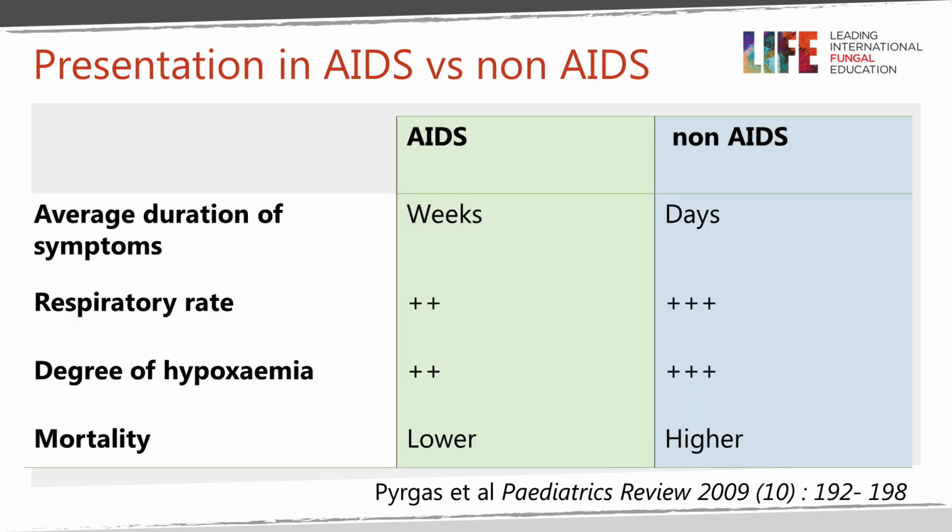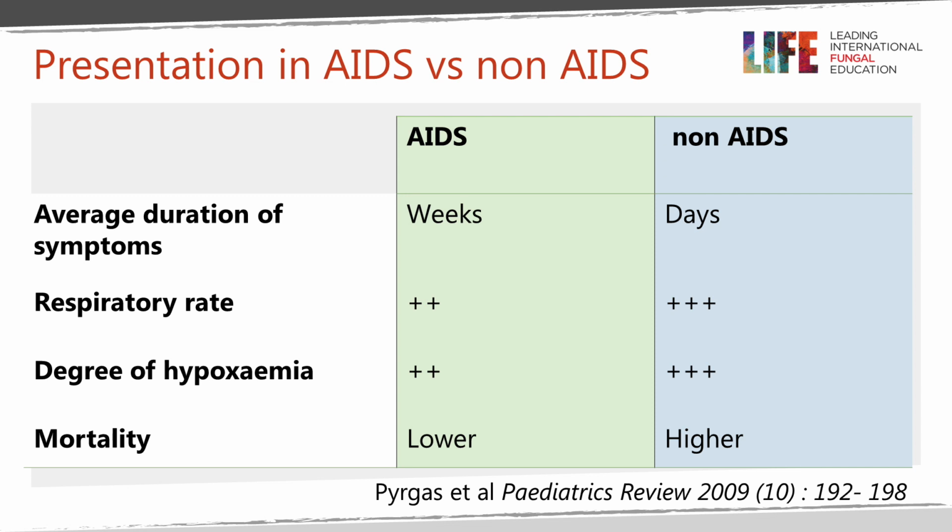When we compare the clinical presentation of pneumocystis pneumonia in patients who have immunosuppression due to AIDS to pneumocystis pneumonia in the non-AIDS population, a couple of things come up, especially for older children and adults; at least this is validated in adults. In the AIDS patients, the average duration of symptoms is weeks, so it's more like a subacute illness.